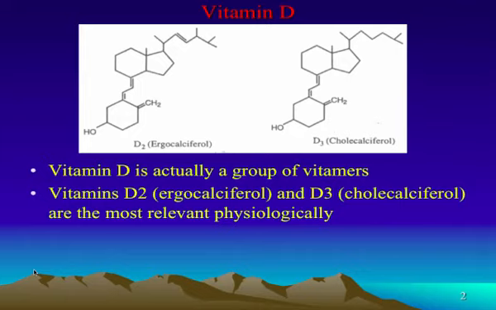Okay, so vitamin D, two of the structures are shown here. Vitamin D is actually a group of vitamins. That means there's several different forms of the vitamin. Have you heard of these, vitamin D2 and D3? What's the difference? Which one's better?